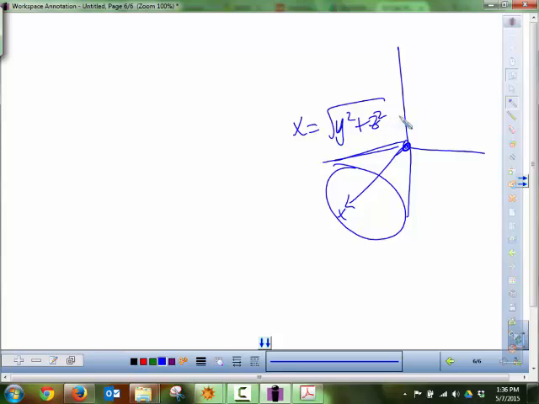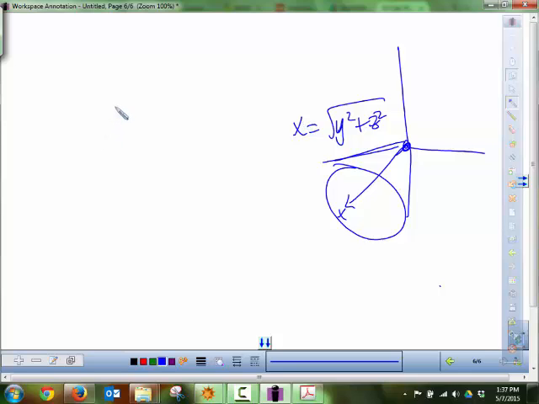And now if you just shift all the functions this way, so instead of x being r cosine theta and y being r sine theta, maybe you might want to let y equal r cosine theta and z equal r sine theta. And then that's how your shift is going to happen.